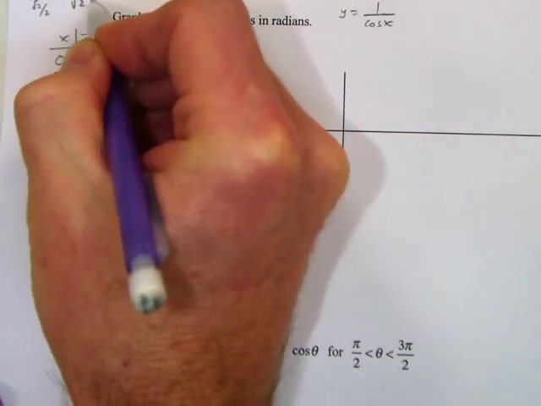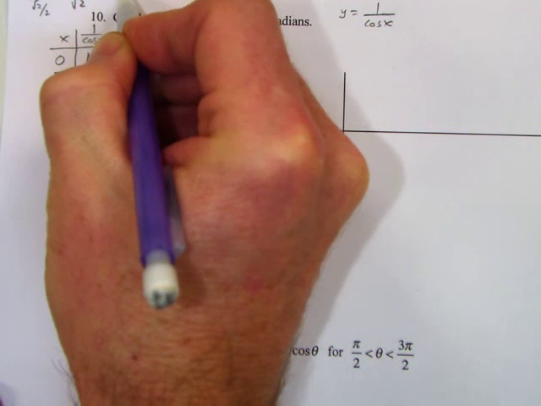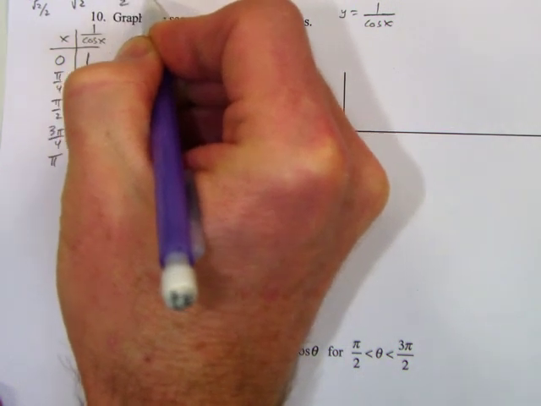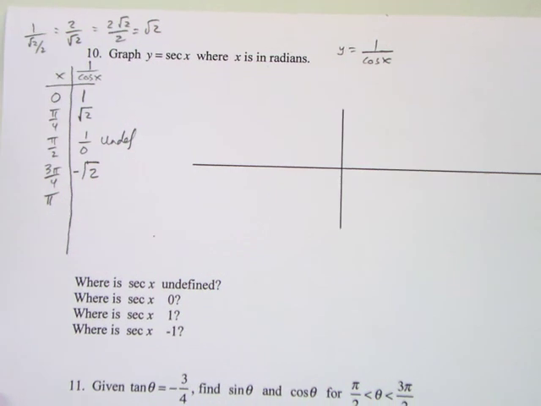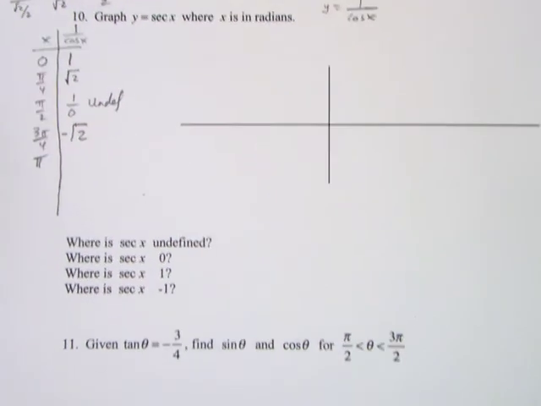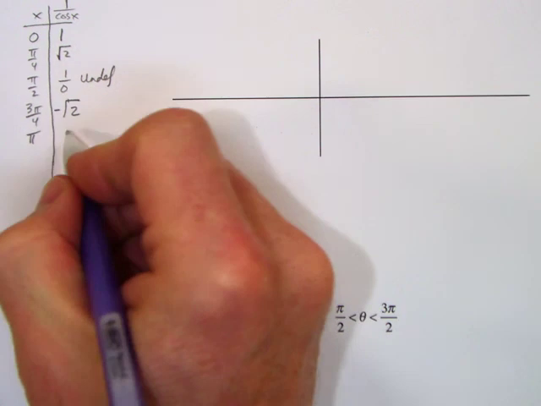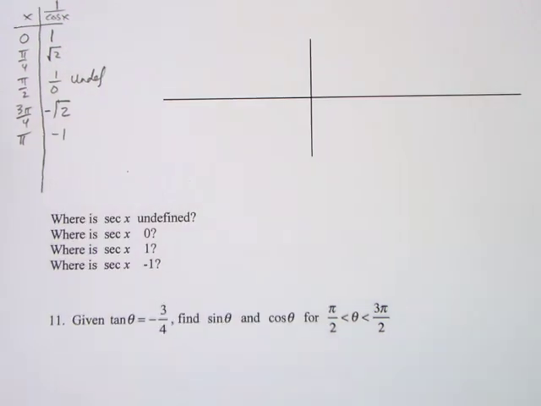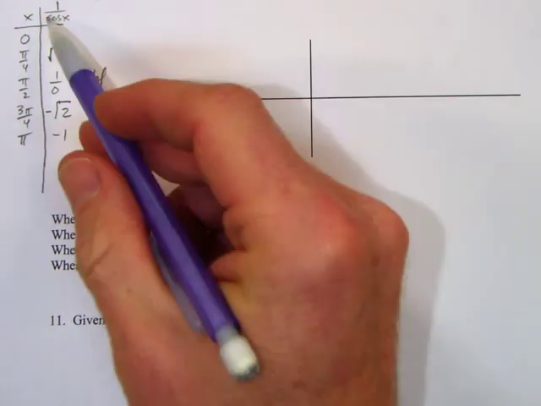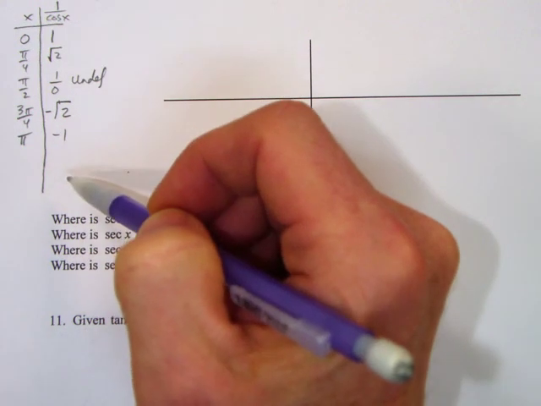We rationalize that to give 2 root 2 over 2, and that just gives us square root of 2. There you can see it. And then 1 over cosine of pi would be 1 over negative 1, which would be negative 1. Now, I'm doing this stuff here to help us get some values.